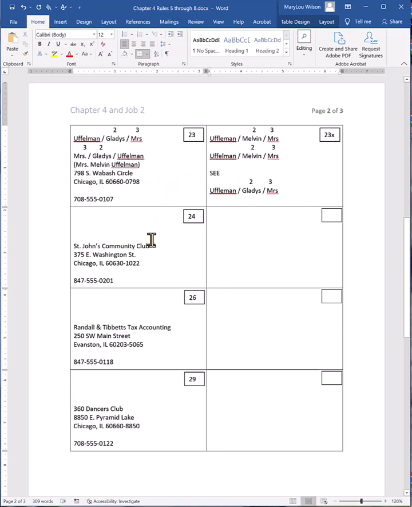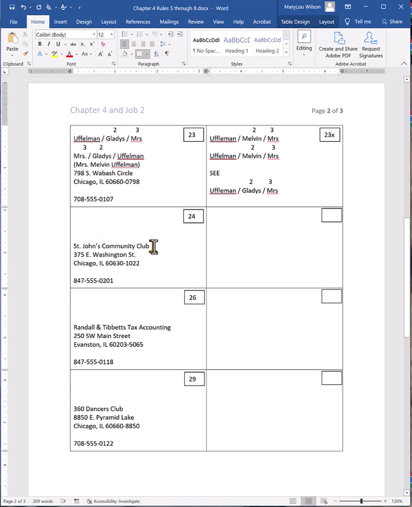Okay, the next record is record 24. This is rule number 8, organizations and institutions, but it's also rule number 6, articles and particles. So let's look at this one. This is a business, and it's St. John's Community Club.